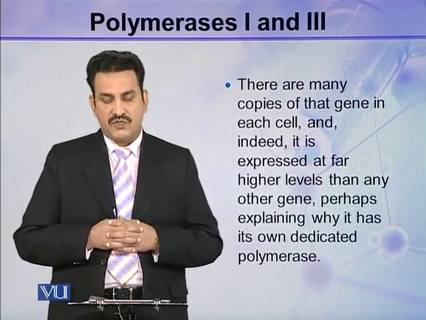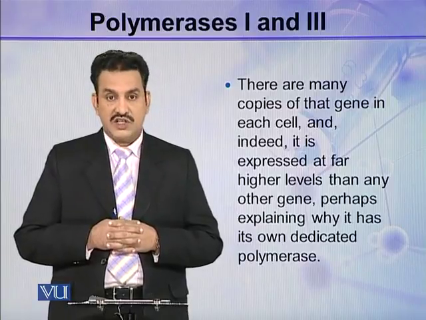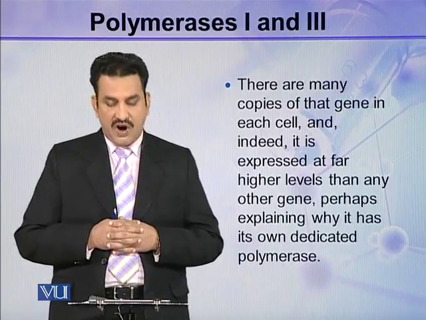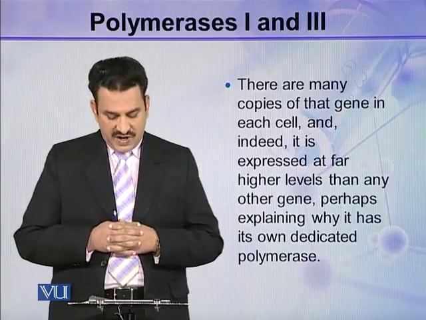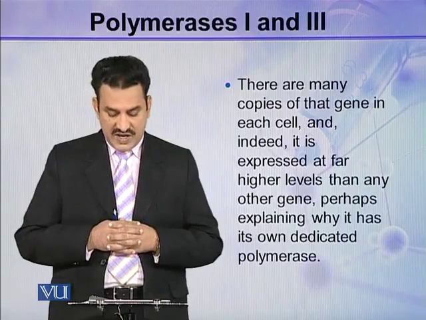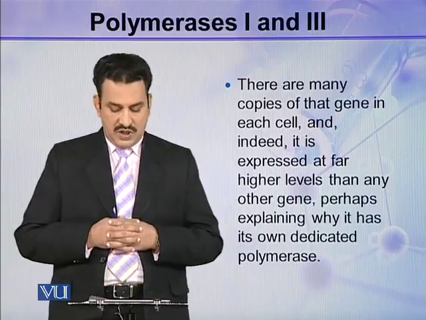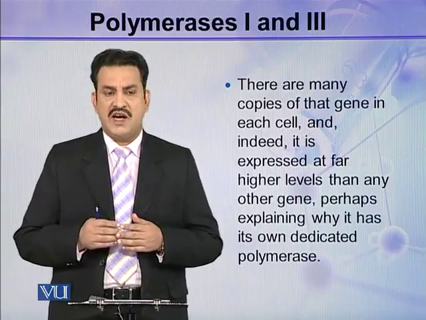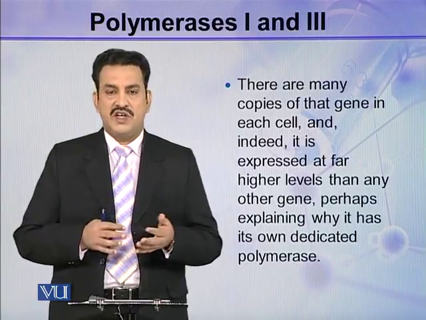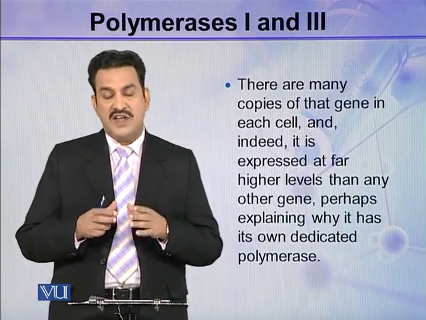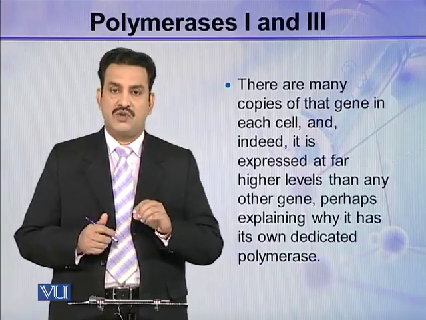There are many copies of that gene in each cell, and indeed it is expressed at far higher levels than any other gene, perhaps explaining why it has its own dedicated polymerase. As it has many copies and is expressed at a very high rate, it has its own dedicated polymerase that will only transcribe this particular gene.